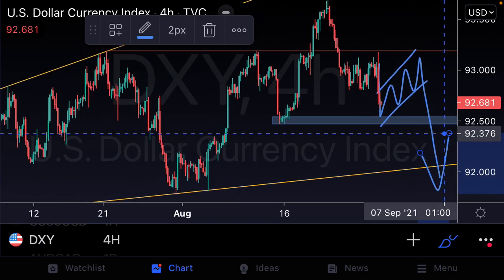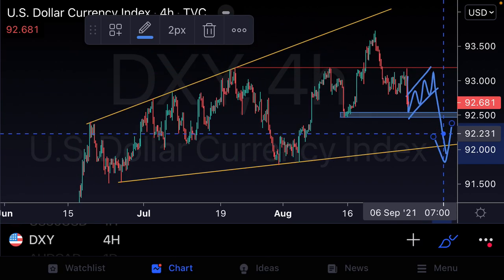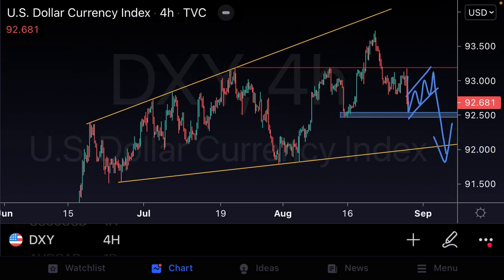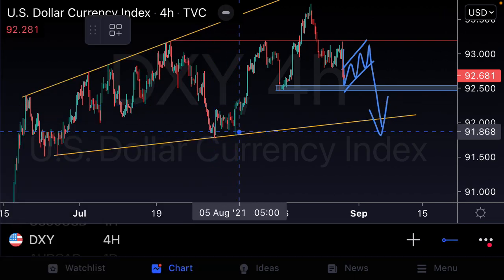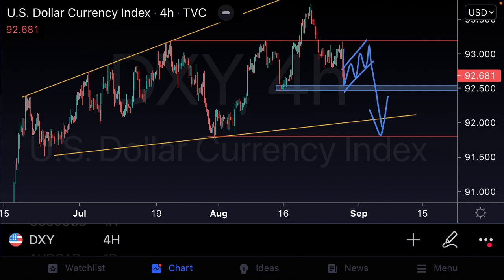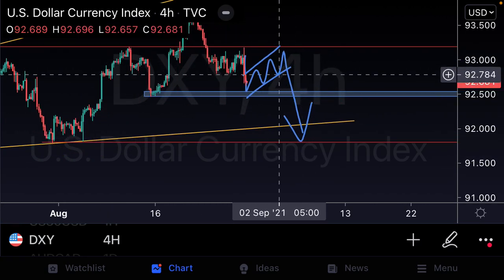So if we see prices starting some sort of a corrective structure into these previous resistance areas, we're going to be looking to capitalize on any short-term downside that we might see happening from the dollar index.